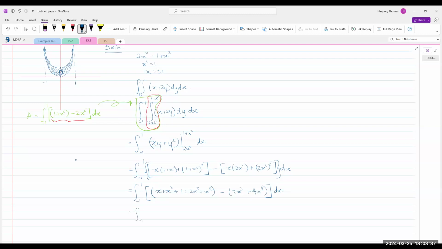Integral from -1 to 1 of, when I combine them, what do I get? I get negative 3x to the 4th minus x cubed plus 2x squared, right? Plus x plus 1 dx. Is it right? I combine like terms. That's all I did.